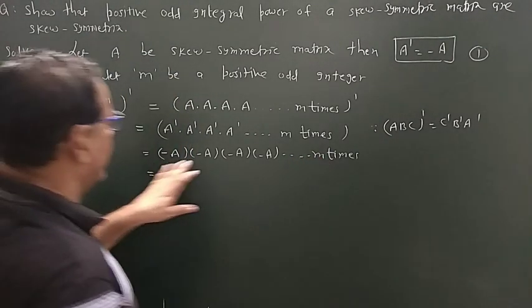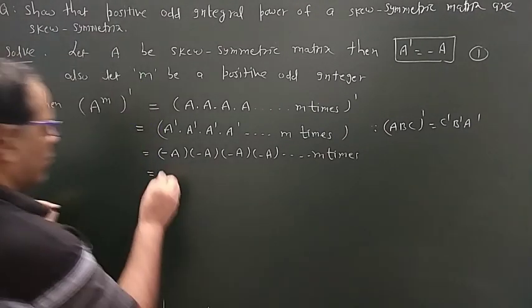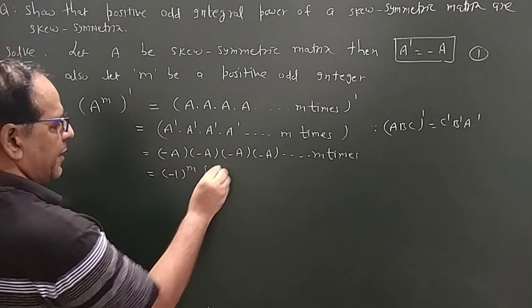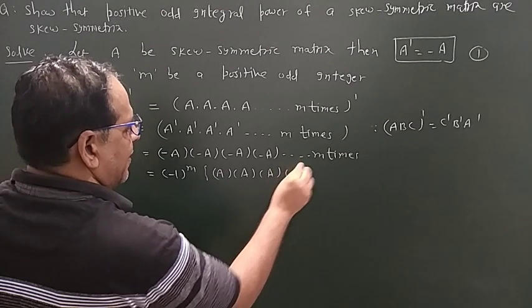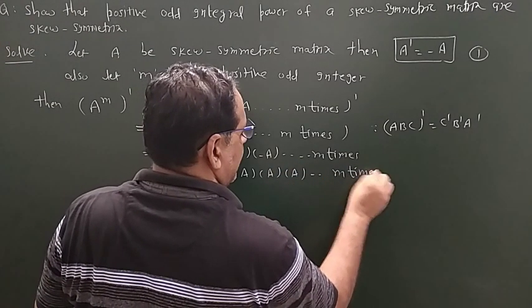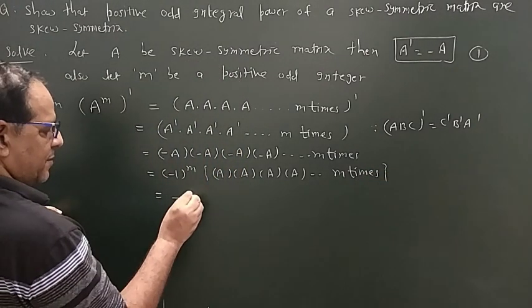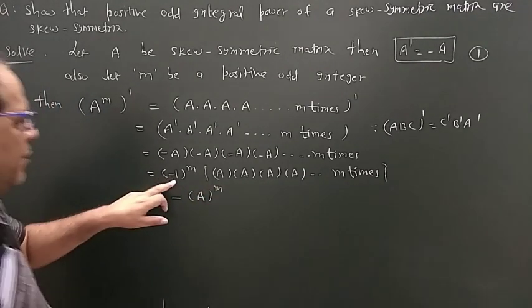We take common minus from each part, and this minus 1 comes m times. So here (-1) to the power m comes outside. We have A again m times. This can be written as (-1) to the power m into A to the power m.